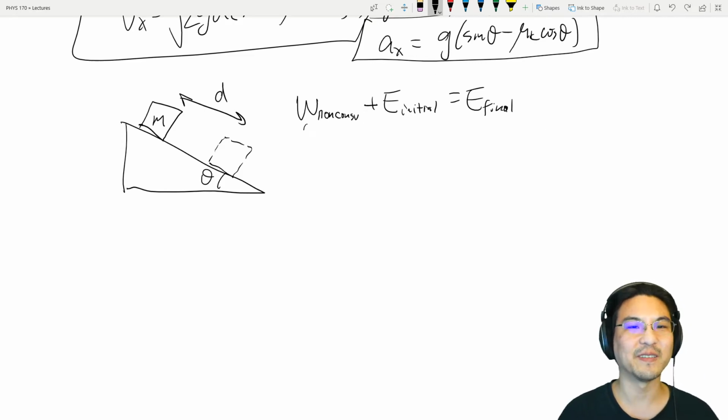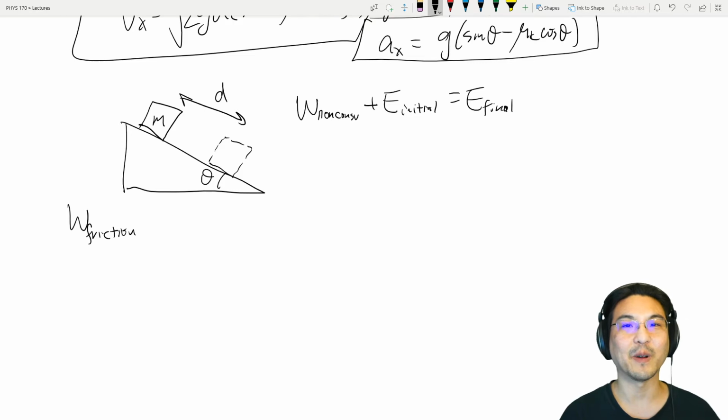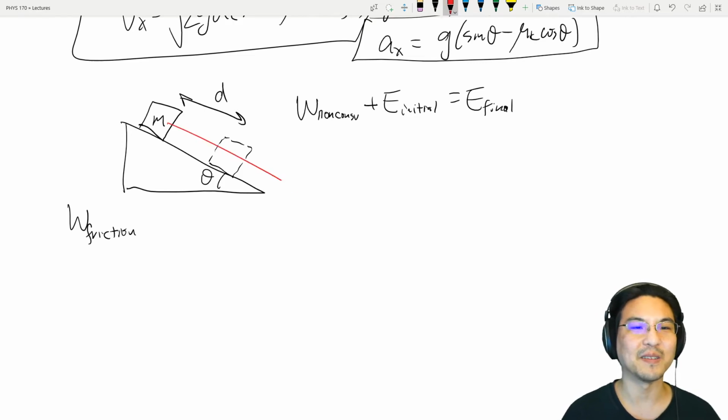So first question, how much is this? Let's just focus on work by friction. When the block slides down the ramp, the displacement is this way, and the friction is opposing the motion, so the friction is this way. So work is this vector dotted with this vector.